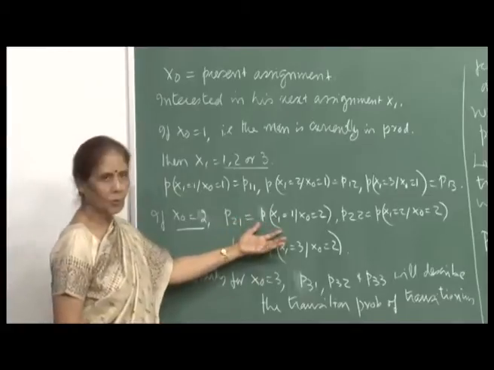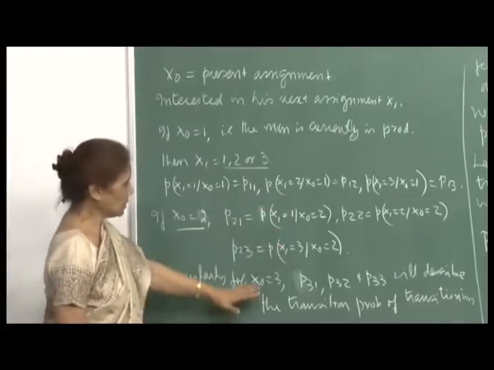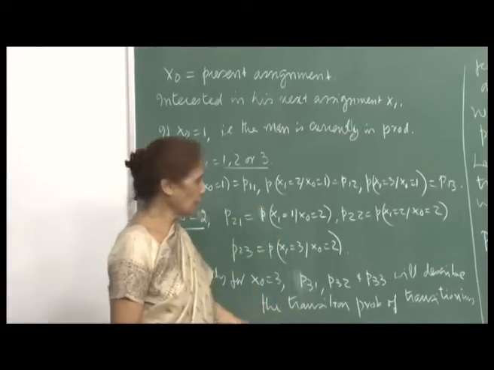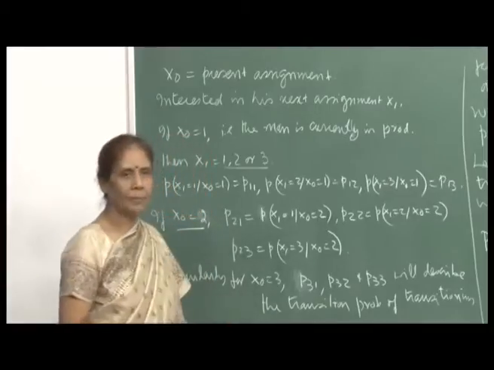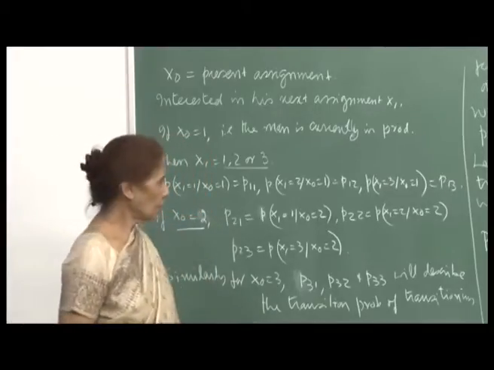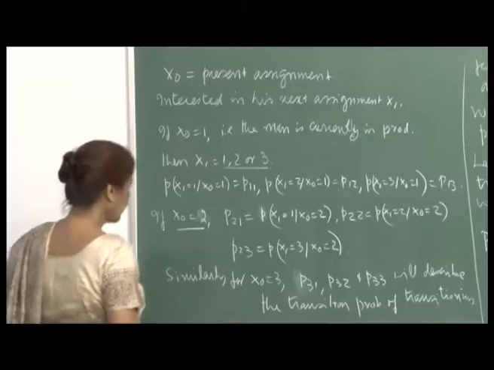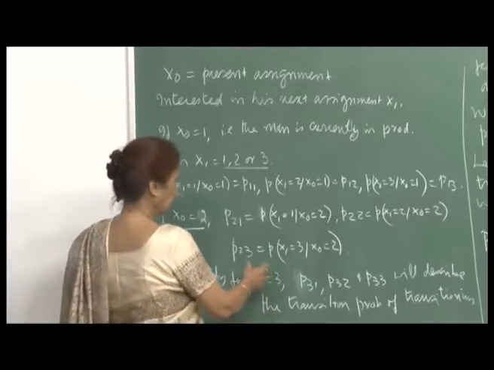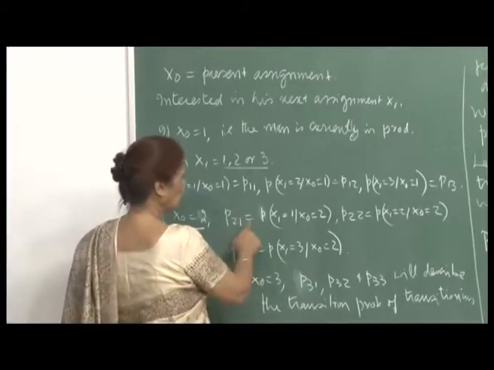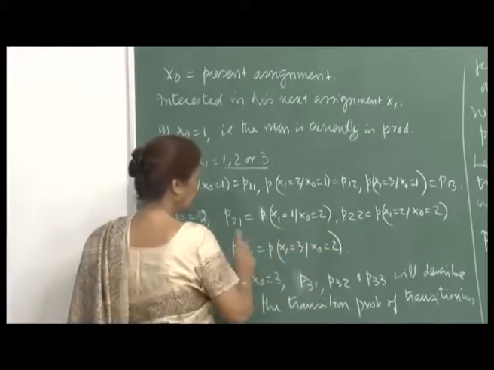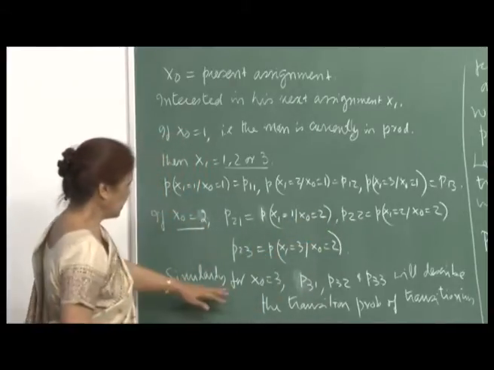So, that must be some probability. You see, these are the transition probabilities which describe to us whatever the assignment process is. And so, again these 3 transition probabilities P21, P22 and P23 are given to us.